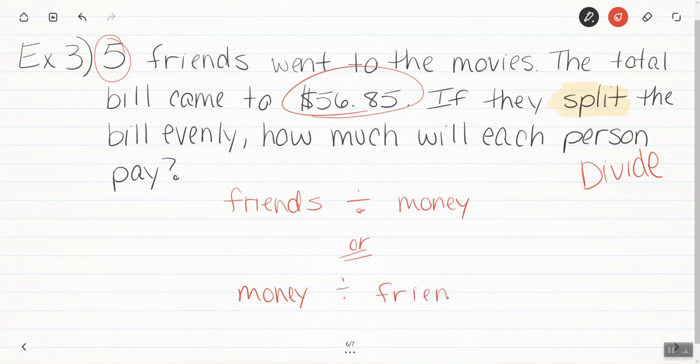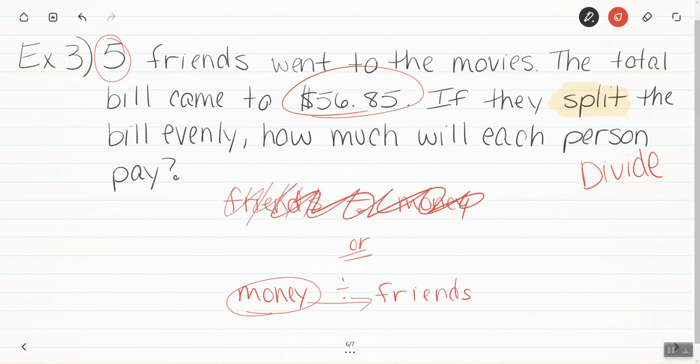Because that's 2 very, very different things. I'm either cutting up people, which could get messy, or I'm cutting up money. In this problem, I'm cutting up the money into the friends. So I'm dividing out the money into the friends. So I'm not cutting up people. I'm taking money divided by friends.